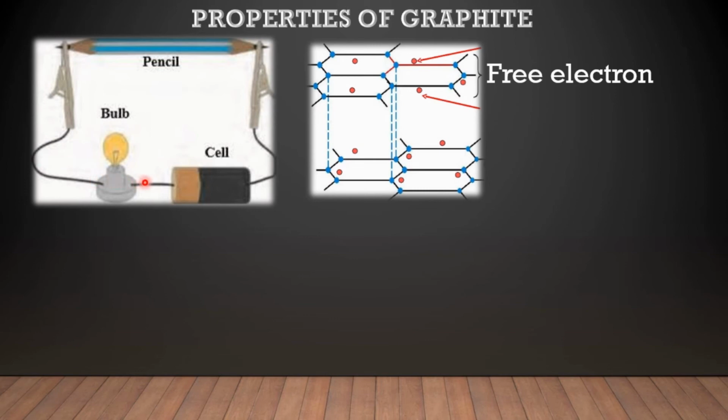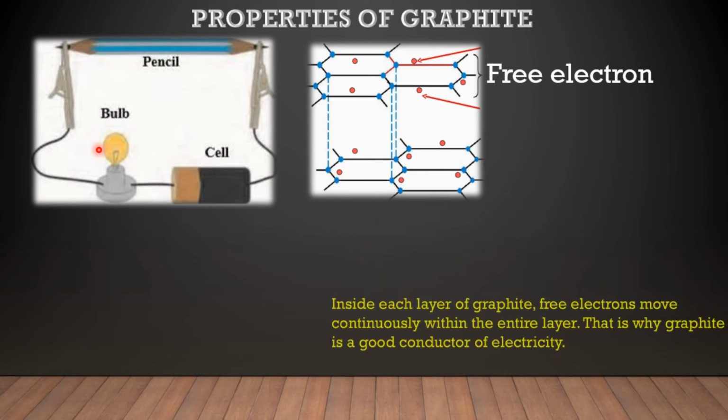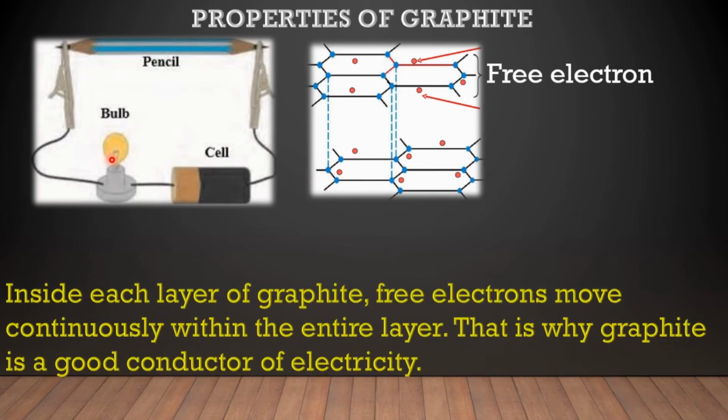Start the electric current in the circuit and observe. You will see that the electric bulb in the circuit glows. And this experiment shows that graphite, which is present in the pencil lead, is a good conductor of electricity.